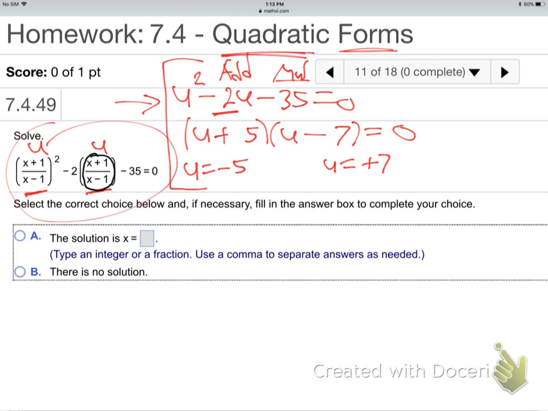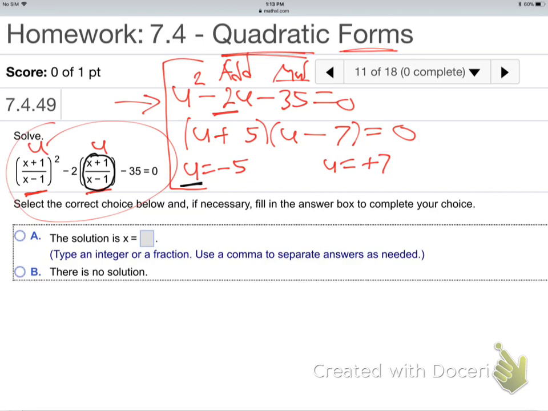U was not the real person. It's the X plus 1 over X minus 1. We've got to keep straight who's the actor. U was just playing the role, standing in the role of the X plus 1 over X minus 1.